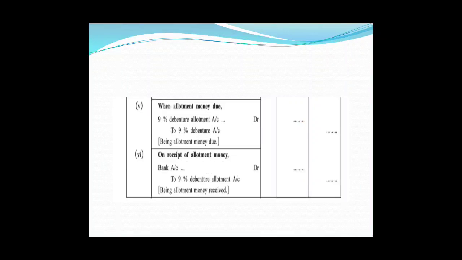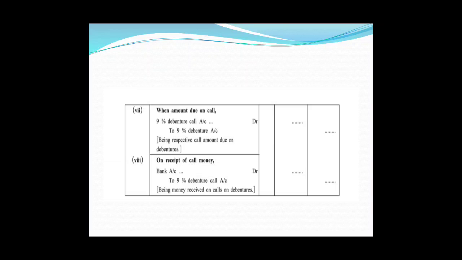So these are the two entries passed for allotment. Now for call, when amount is due on call, 9% debenture call account debit to debenture account, and when call money is received, bank account debit to 9% debenture call account.